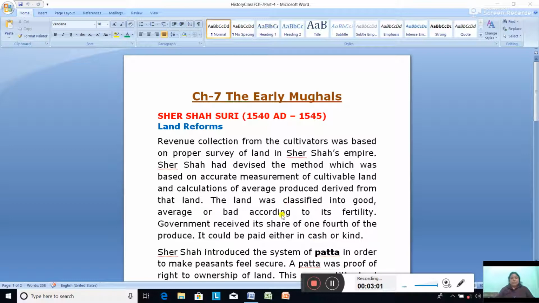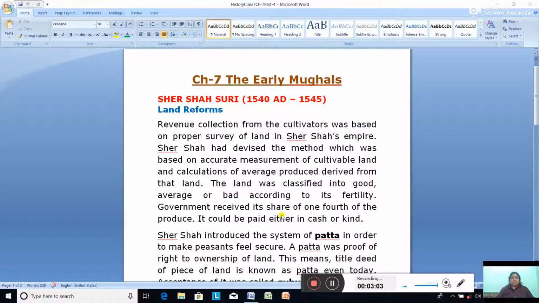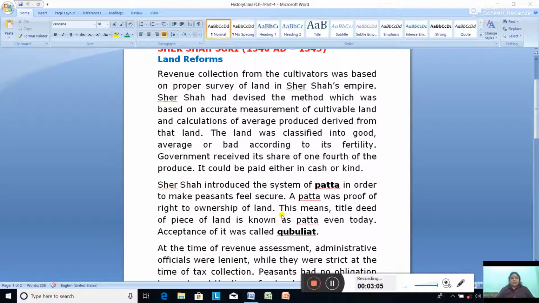Okay, so here the reform introduced under land reform was that Shah introduced the system of patta. But why did he introduce the system of patta? To make the peasants feel secure.